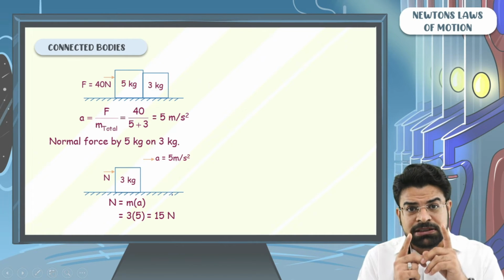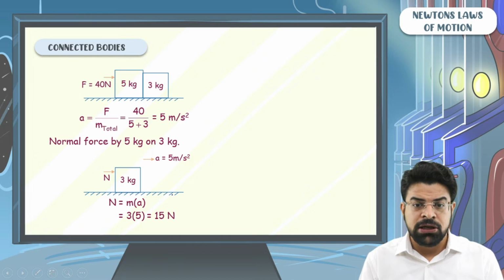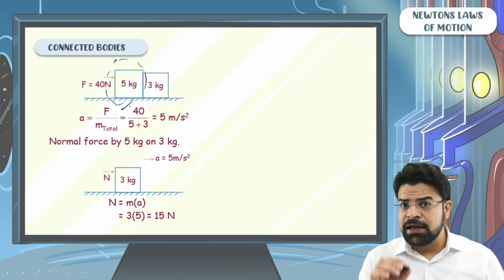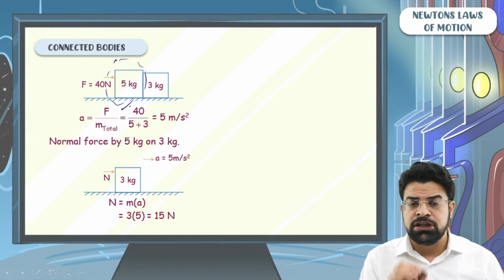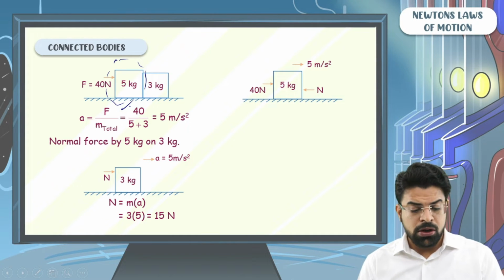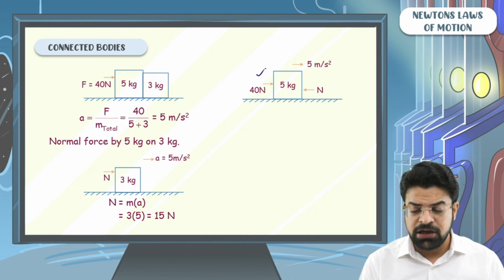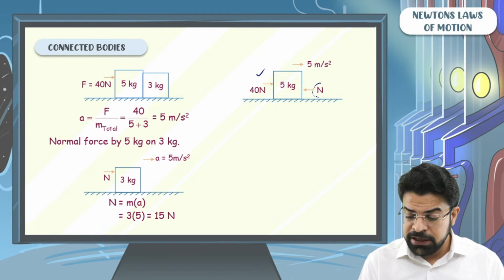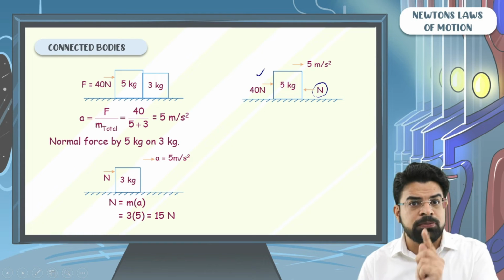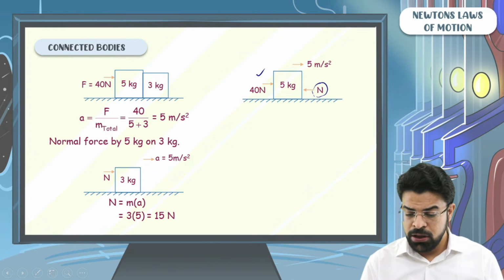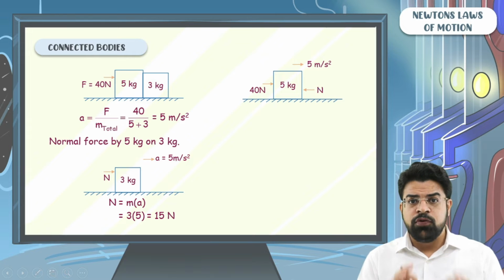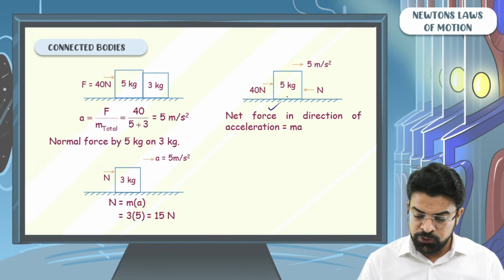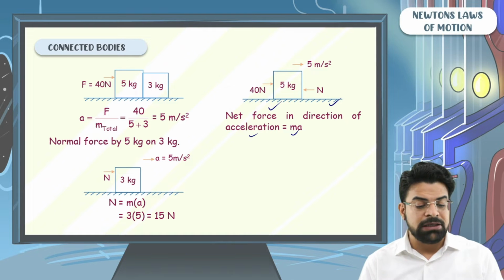We can find the same value of normal reaction just by looking at the forces on the 5 kg block. If you look at the forces on the 5 kg block in the horizontal direction, you will say on the 5 kg block, an external agent applies a force of 40 Newton towards right and a normal reaction is present because of the force by 3 kg block on the 5 kg block. We can say the net force in direction of acceleration equals mass into acceleration.